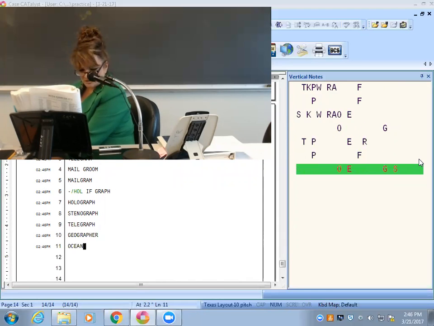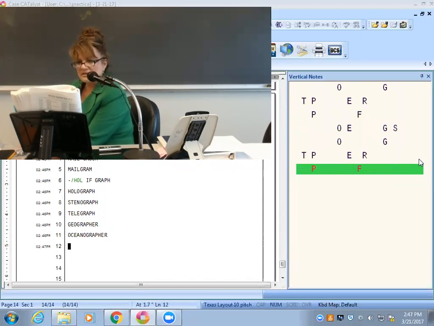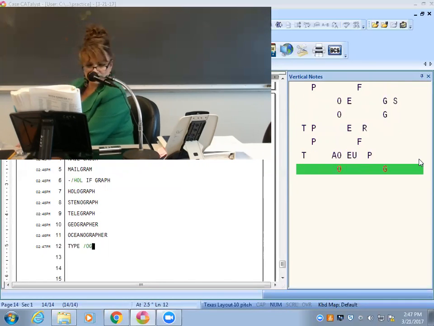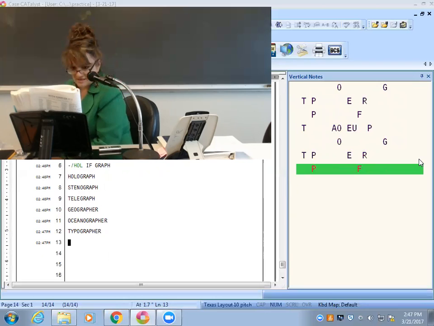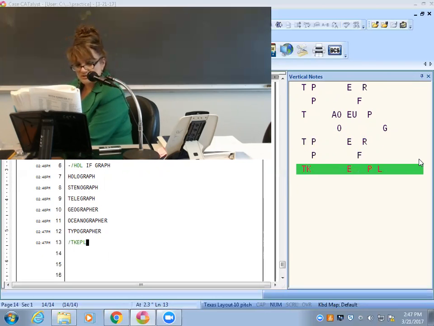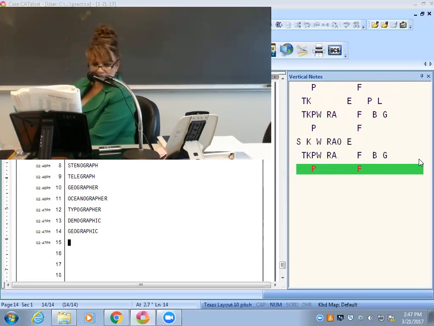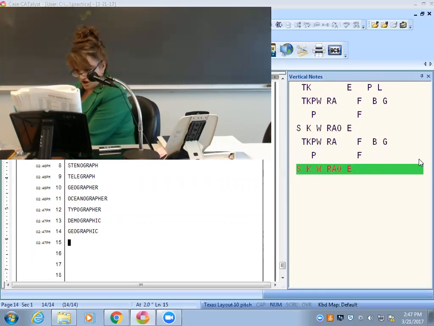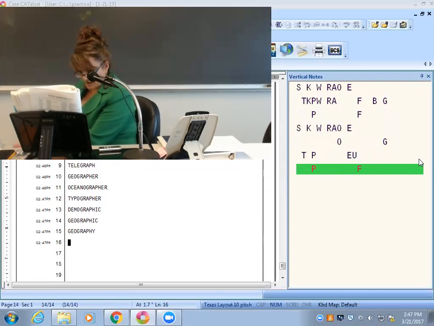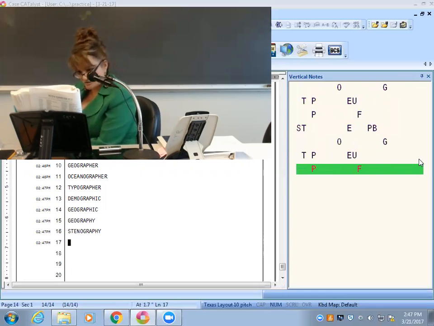Oceanographer, three strokes. Typographer. And then demographic, words ending in graphic, you can do the GRAFK. Geographic, two strokes, and then graphic. And then geography, G-O-G-F-I for fee. Stenography, three strokes, okay?